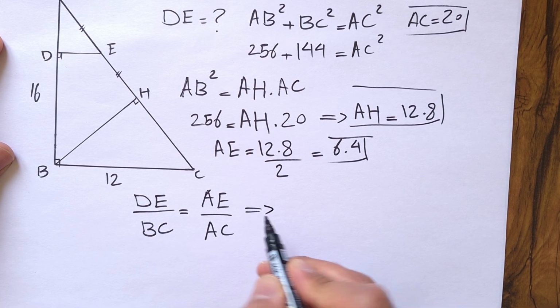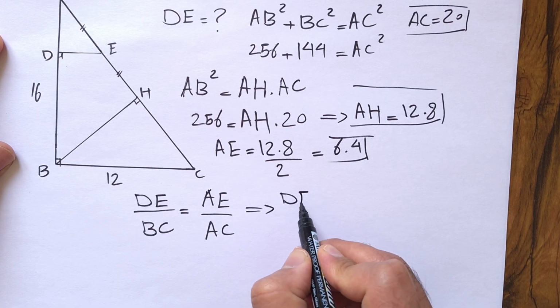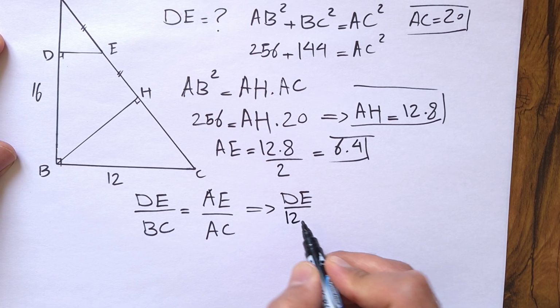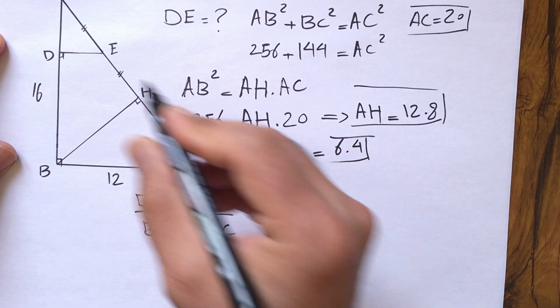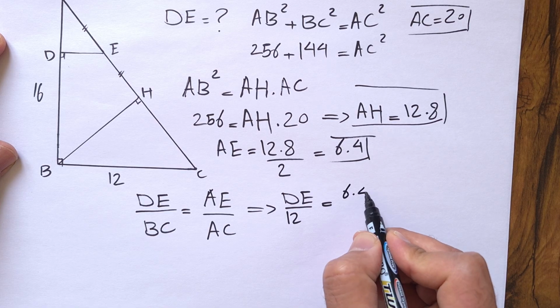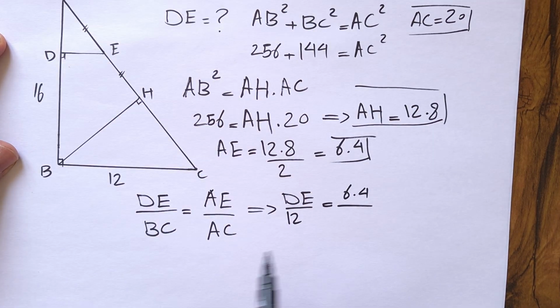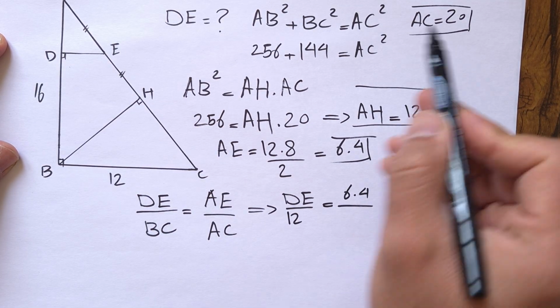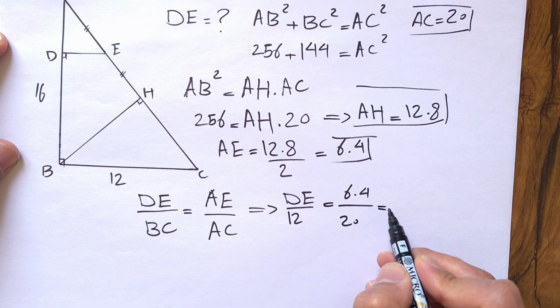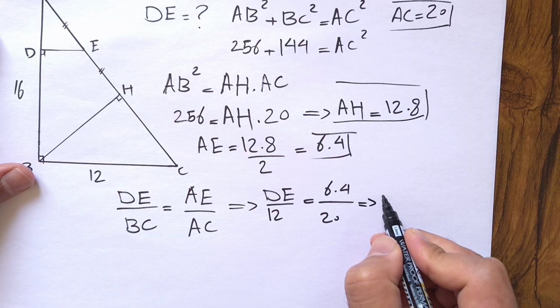So let's just substitute now. So DE over BC. So BC is 12, equals AE. So AE was 6.4, over AC. AC was the big hypotenuse, so that was 20.